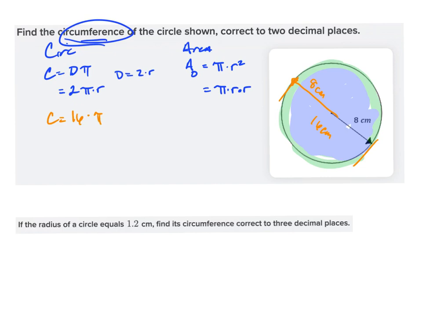Now, in the program that we're using, MathSpace, you want to use the actual pi. On your calculator, you're going to hit 16 times pi, the symbol of pi. Now, if when you hit enter, you get that it just shows 16 pi, that means that you're probably using a TI-30, and it's in math print.